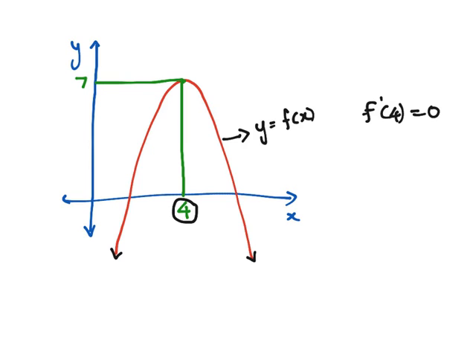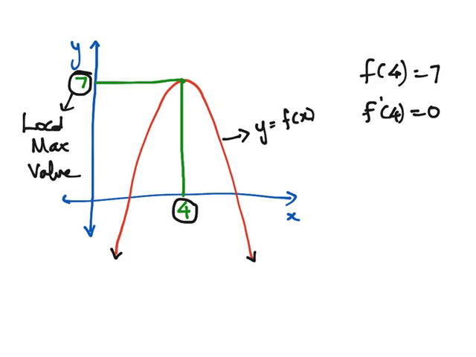Here f of 4 is 7. So 7 is the local maximum value.